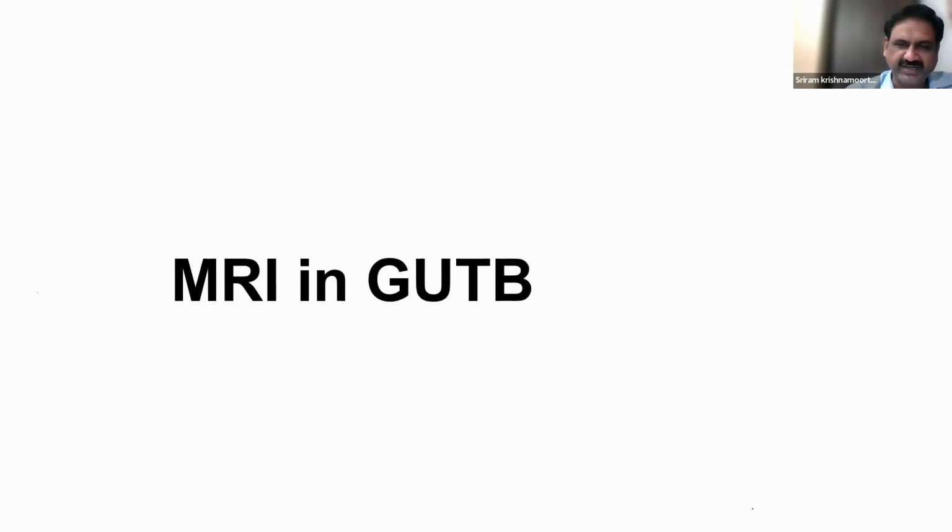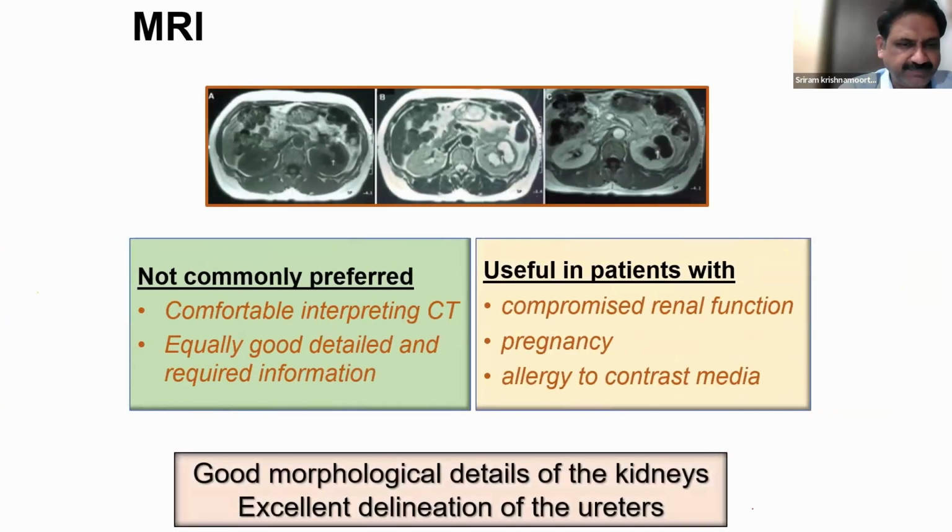For MRI, we fully rely upon the report that is given to us, whereas most urologists will be able to read the CT scan and make a decision themselves. So MRI has a lesser role to play. I'll run through what features you can appreciate. Next slide, please. So the features you can appreciate in MRI.